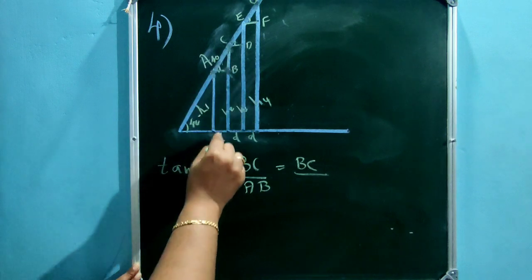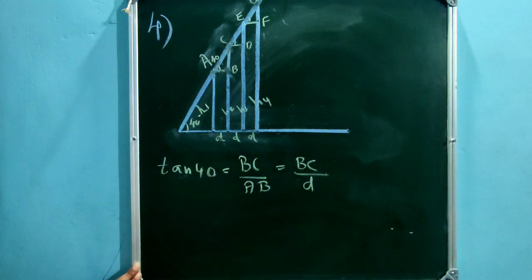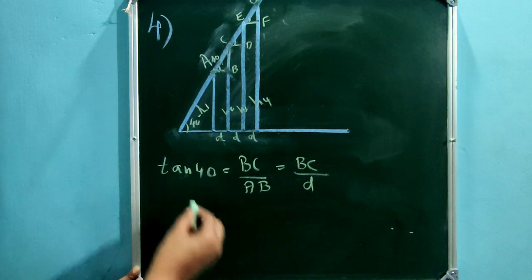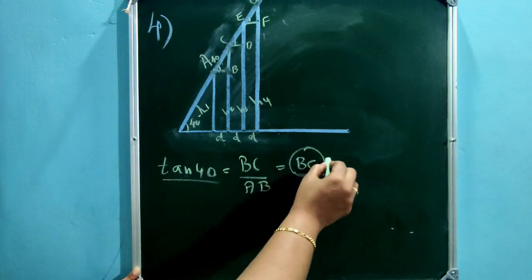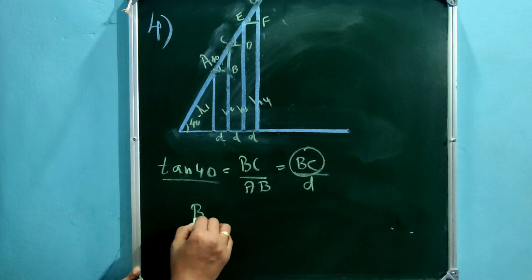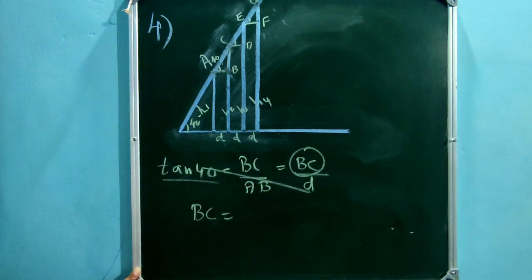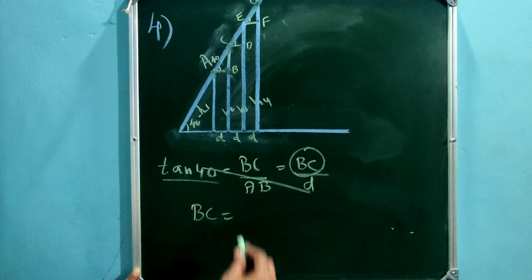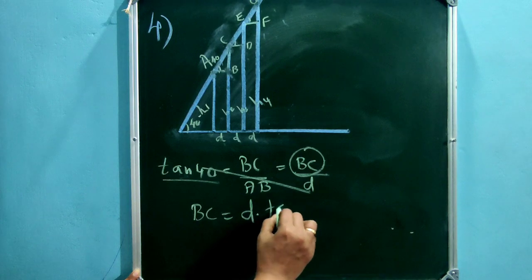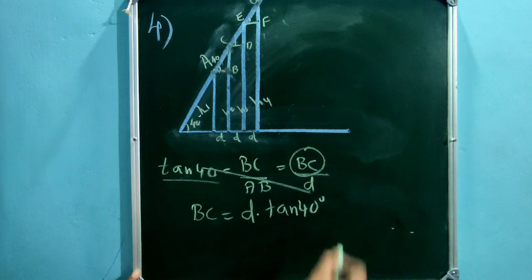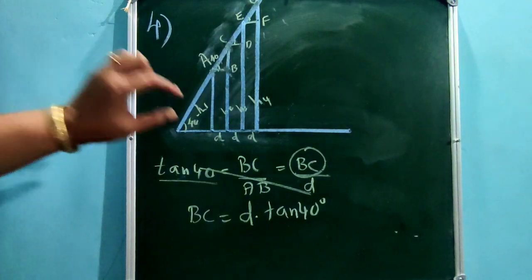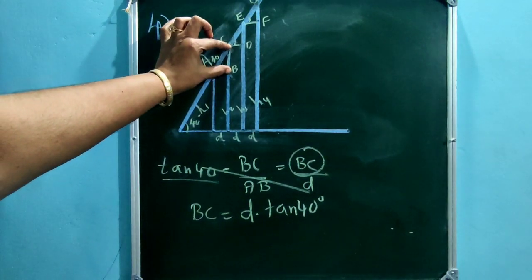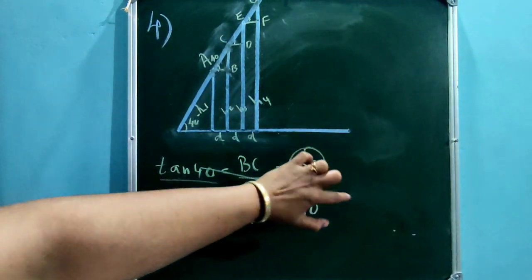That is equal to D. So we have tan 40 is equal to BC by D. Cross multiplying, BC is equal to D tan 40. So this length is equal to D tan 40.